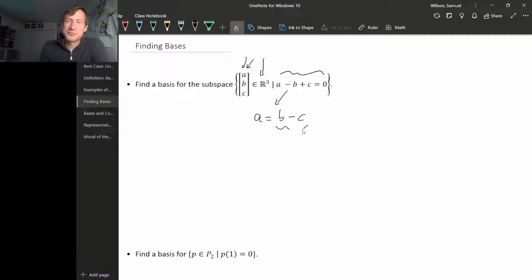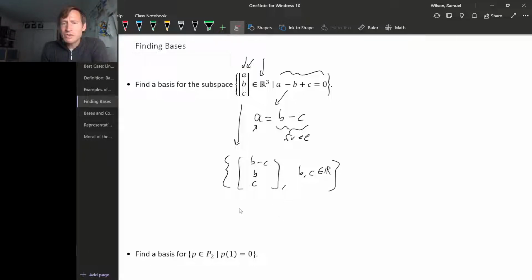Right, here we have free variables, and they're telling us what the non-free variable has to be. So another way to write this set is, now that we know B and C are free, we can write this subspace as A is B minus C, and then B is just B and C is just C. And here B and C can be any real number.